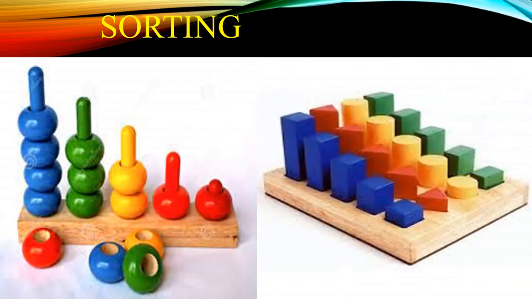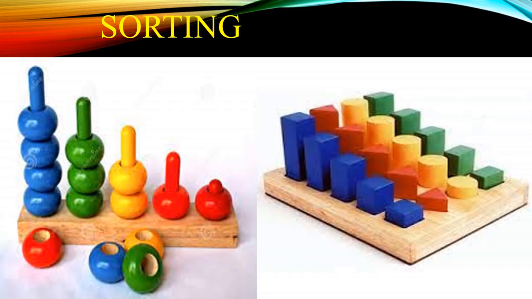The third topic is sorting. Sorting is rearranging data, which may be textual, numerical or alphanumerical, in a specific order. What is the meaning of this? In sorting, at first the data is not arranged in the proper manner. Using sorting, we can arrange the data properly.